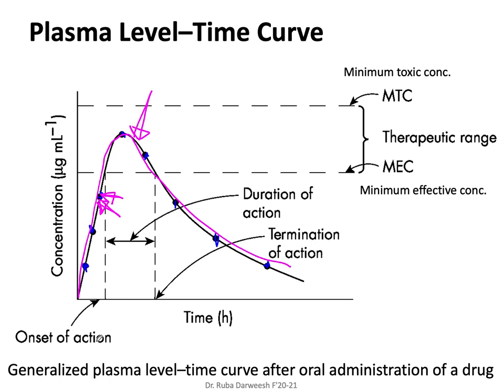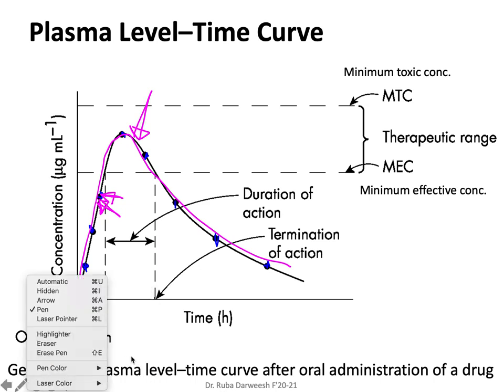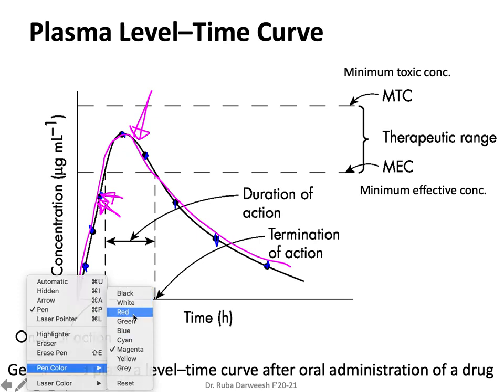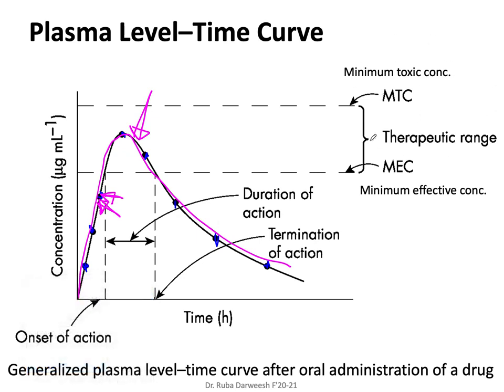From the kinetics of the drug, we can understand other important things related to the drug. Just by knowing the minimum effective concentration and the minimum toxic concentration, which determine the therapeutic range of the drug, we can know from the profile, concentration versus time, the onset of action, and we can know the termination of the drug action.